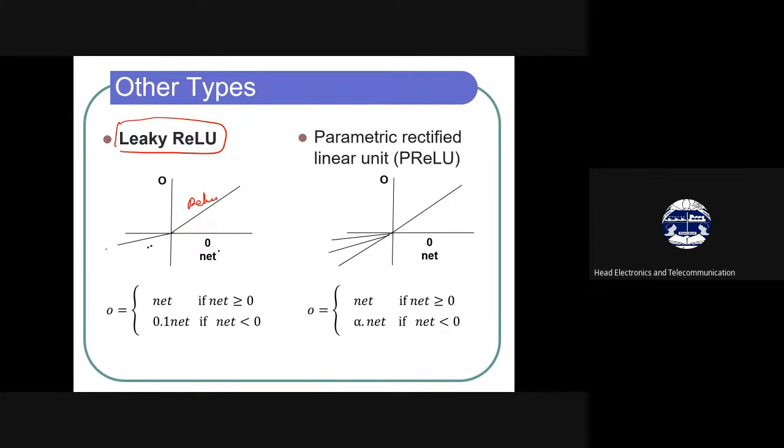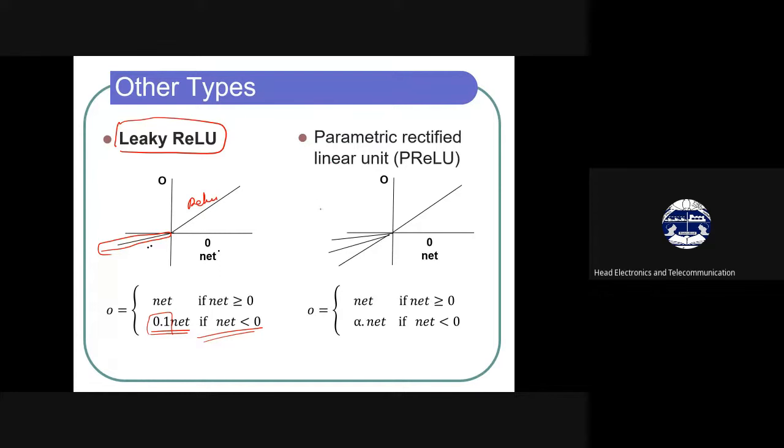So some negative portion here is also allowed, but that negative portion is controlled by multiplying it by a small number. Okay, so this is also inspired from ReLU. This is called leaky ReLU. A small negative portion is leaking through the system, or leaking through that neuron. So it is called leaky ReLU.